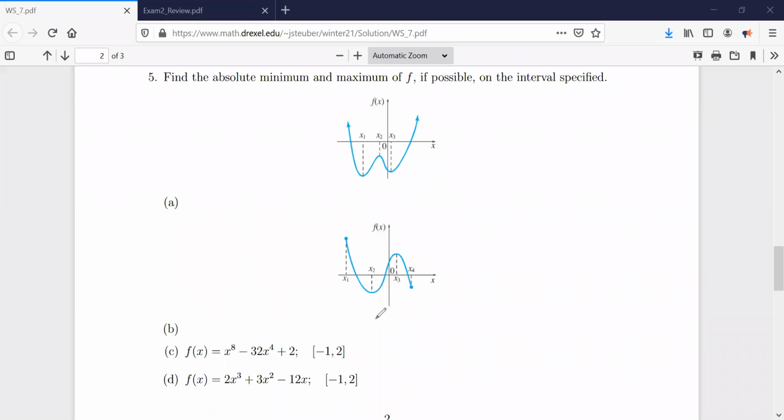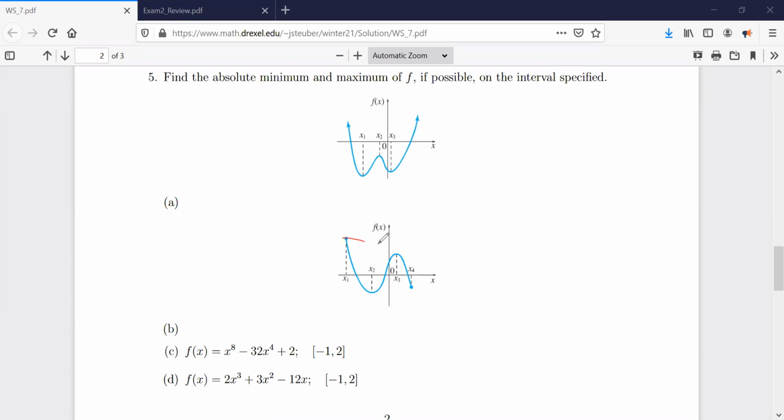For this one, when we're on a closed interval, we're actually guaranteed that there will be a max and a min. A continuous function on a closed interval guarantees that. So we have to check these 4 potential points: the 2 endpoints, and then the 2 relative maxes and mins.